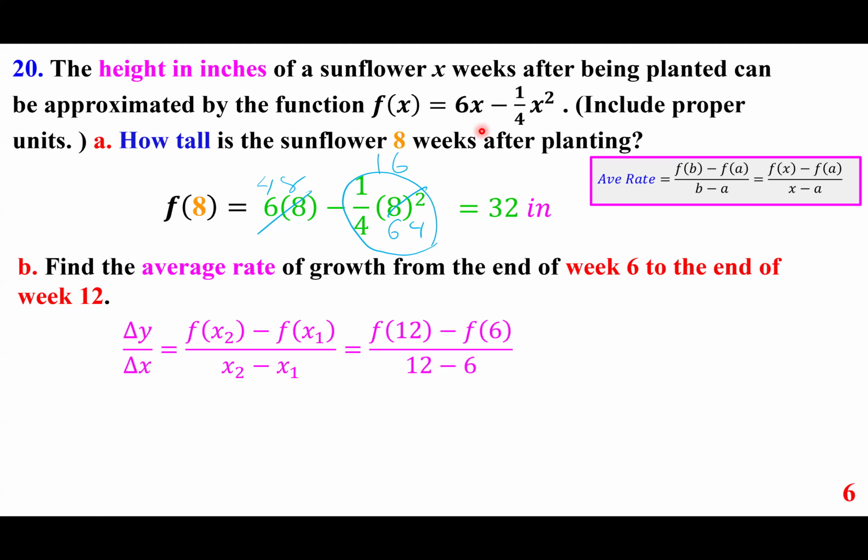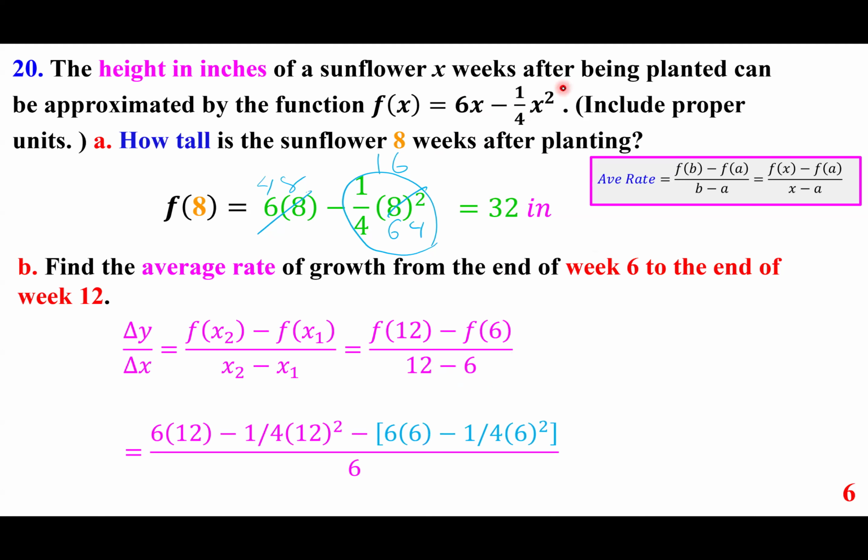The top, 6 times 12 minus 1/4 of 12 squared, minus 6 times 6 minus 1/4 of 6 squared. This is 72.